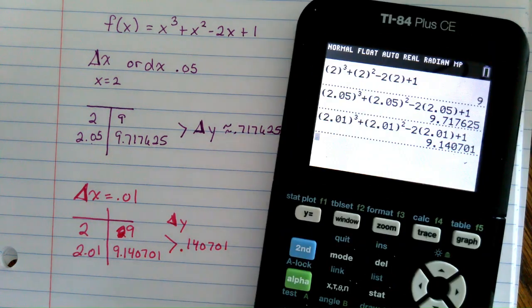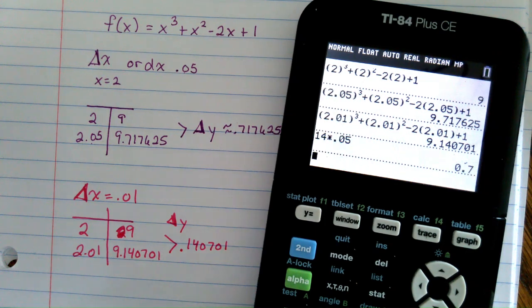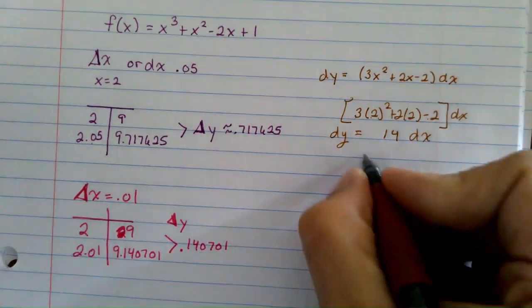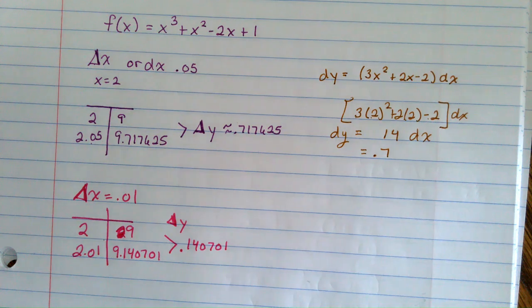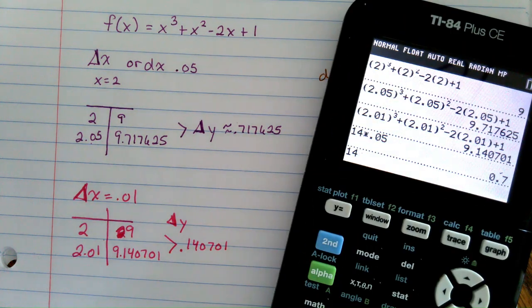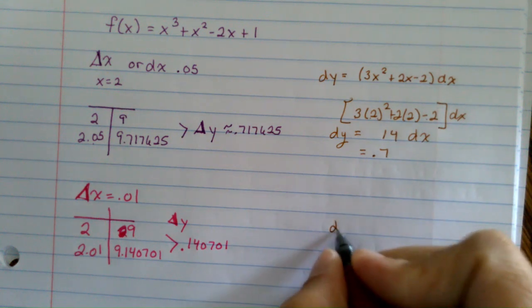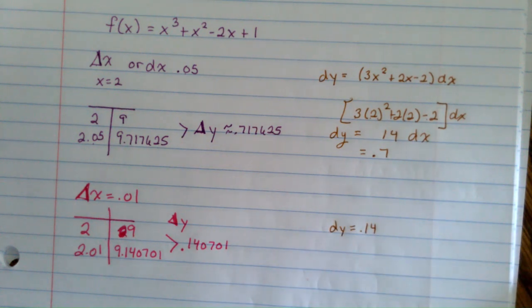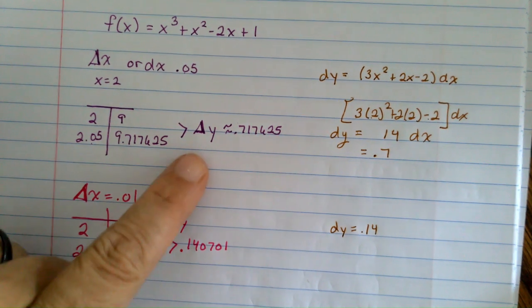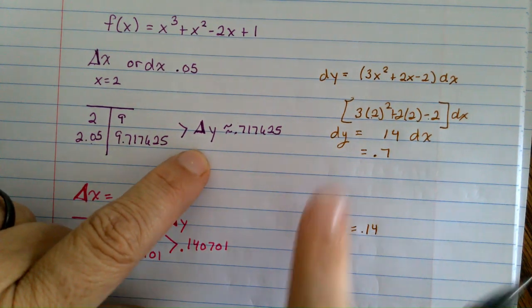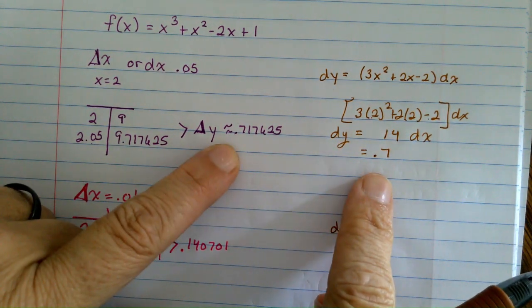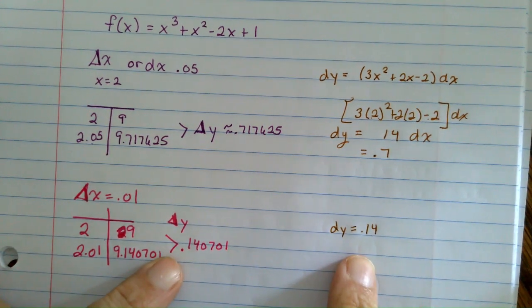Okay, and 14 times 0.05 is 0.7. And 14 times 0.01 is 0.14. So you can see here delta y and dy come out to be approximately the same thing.